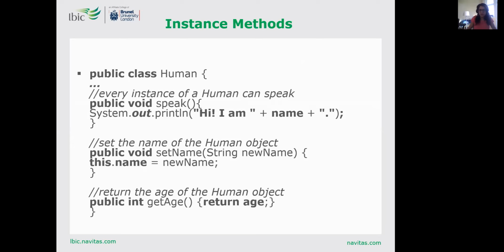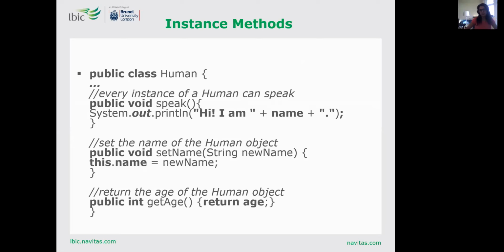So here we can see another one. Public void setName, and then we have an argument in here, which is newName as a string. So what is gonna be performed here is gonna set the name of the human object. So this is the name of the method, and here is whatever it needs as an input.